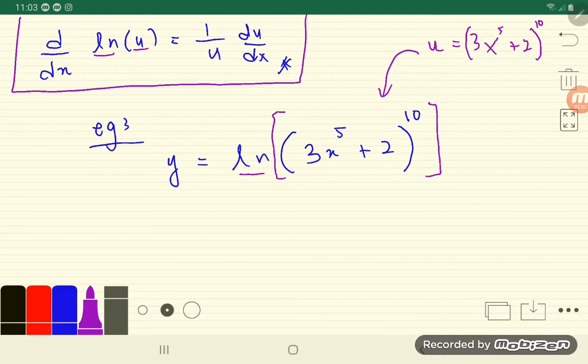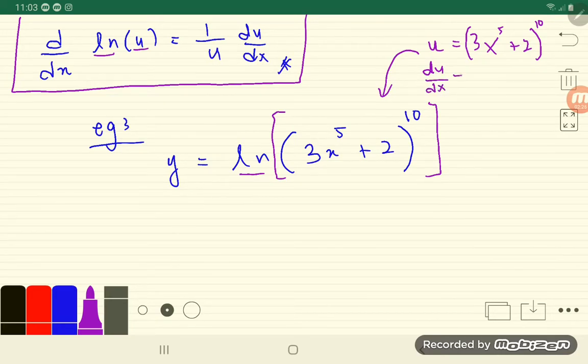Please also do include the value of 10 there, because based on the formula here, all the value that is next to the symbol of ln is supposed to be the value of your u.